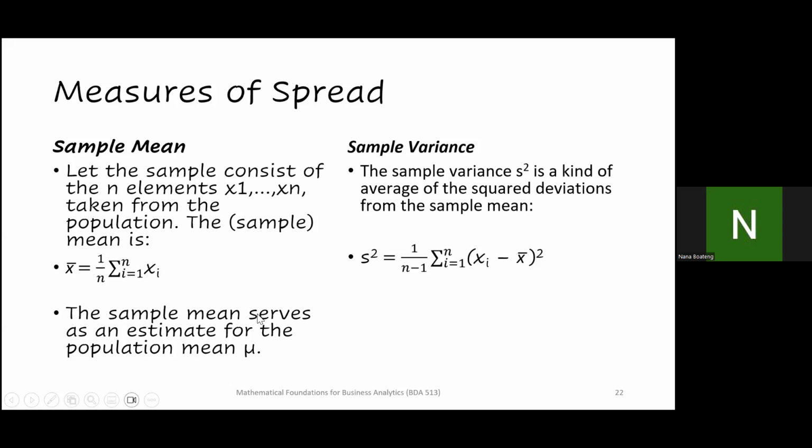So the sample mean serves as an estimate for the population mean. When we don't know the population mean, we'll do more when we are looking at sampling distributions. When we want to estimate the population mean and we don't know it, then we take a sample.